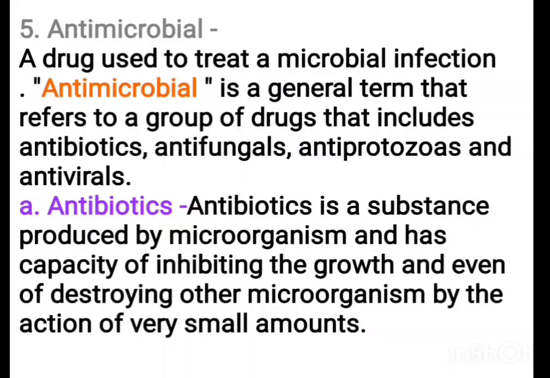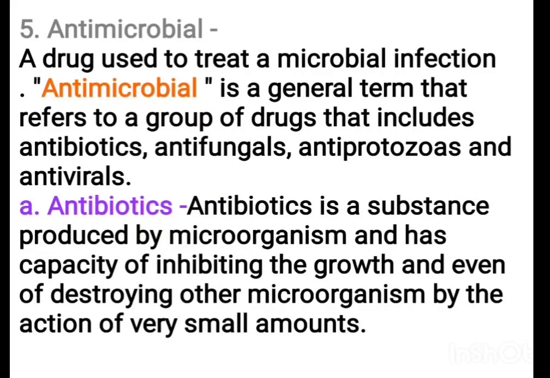If you say antimicrobial, that is a general term because all the antibiotics, antifungals, antipathogens, and antivirals are considered antimicrobial in the general term. Okay. If we consider classification, we are females, males, but actually all females and males are classified as general.